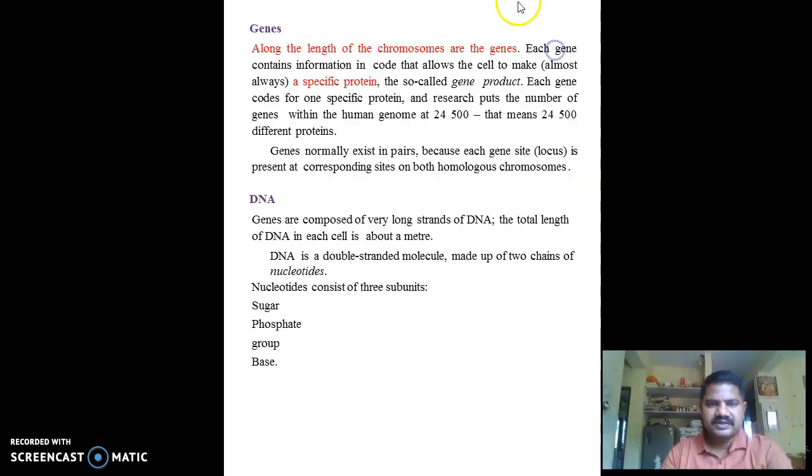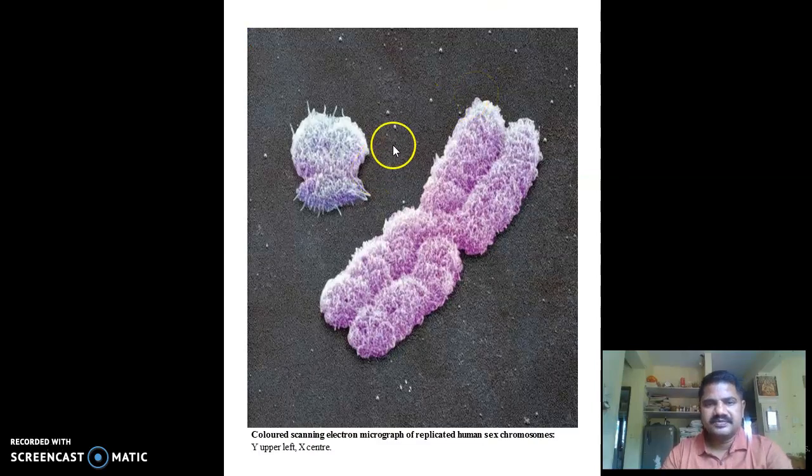Here in this picture you can see the X and Y chromosomes. This is the X chromosome, the female chromosome, which is bigger in size, and this is the Y chromosome or male chromosome. It is smaller in size.